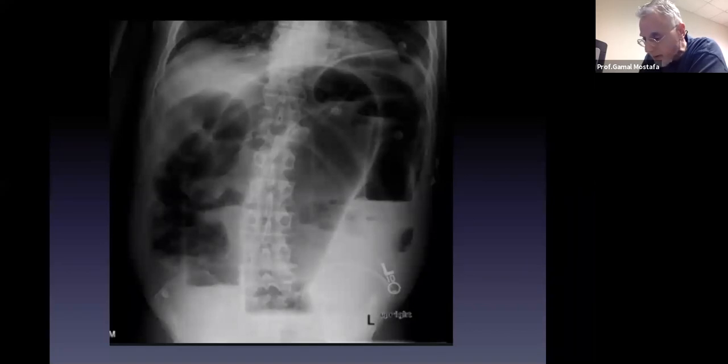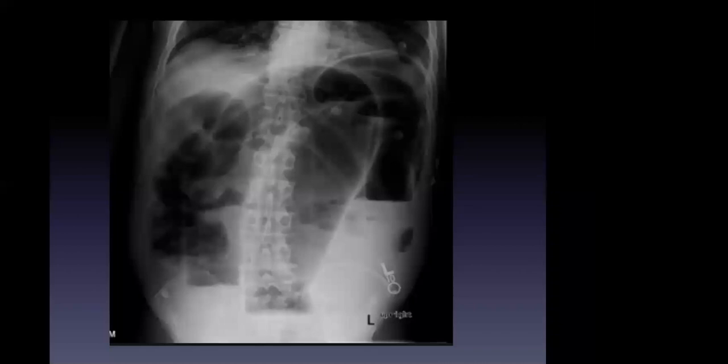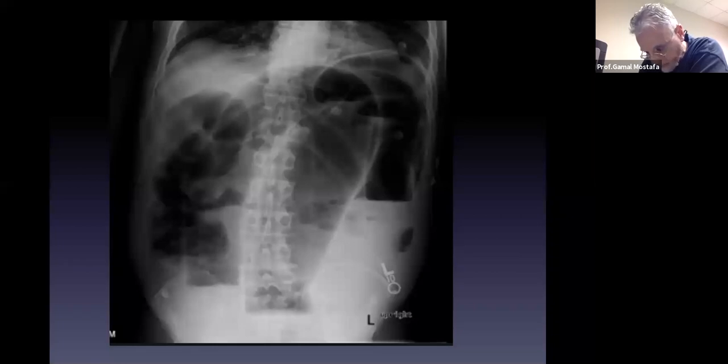I wouldn't give oral. So, CT with IV and rectal contrast in this case, okay? Can you tell me how that would help? Why would I order this?